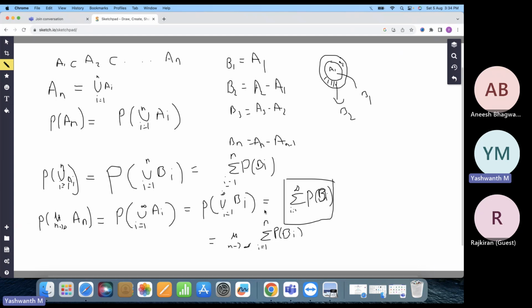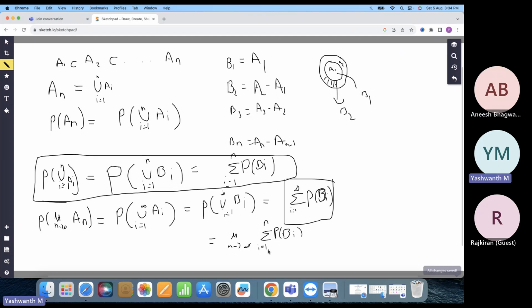And what is this thing? This sum of P of B_i, from this line, we can write as P of the union of all B_i, which is the same as the union of A_i from 1 to n. There is a limit n here, always.